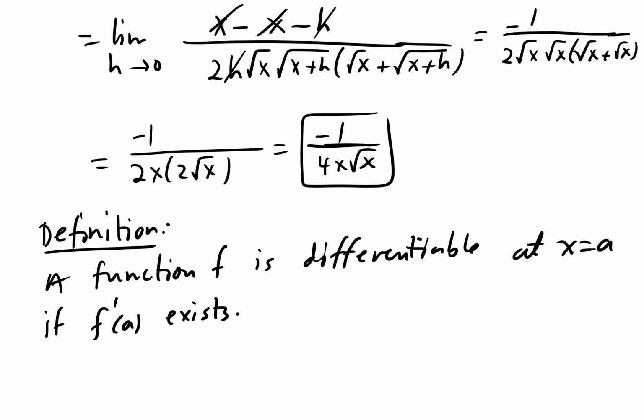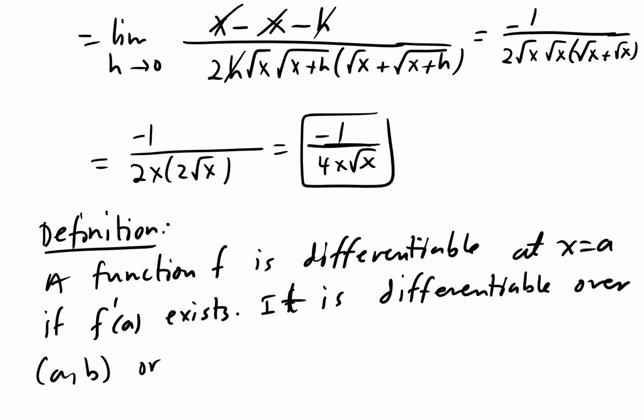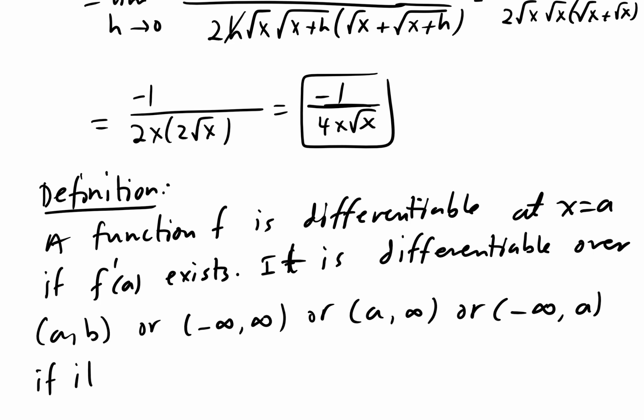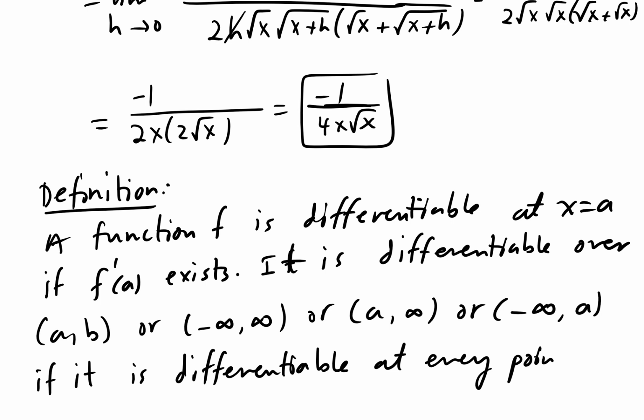Okay. Now we say, let's say it is differentiable over the interval a to b, or negative infinity to infinity, or a to infinity, or negative infinity to a, if it is differentiable at every point in that interval.